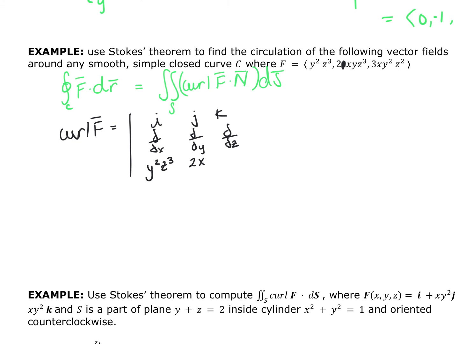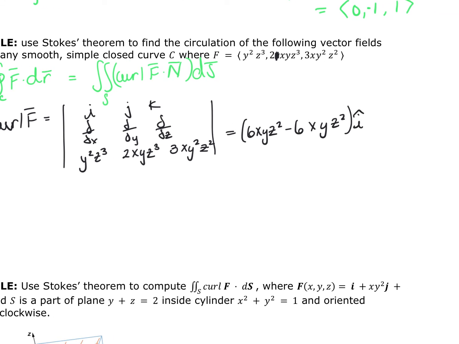So 2xyz cubed, and then my last one is 3xy squared z squared. Okay, when I get done with this, I'm going to get something like 6xyz squared minus 6xyz squared in the i direction, which, because they match, is going to give me 0.